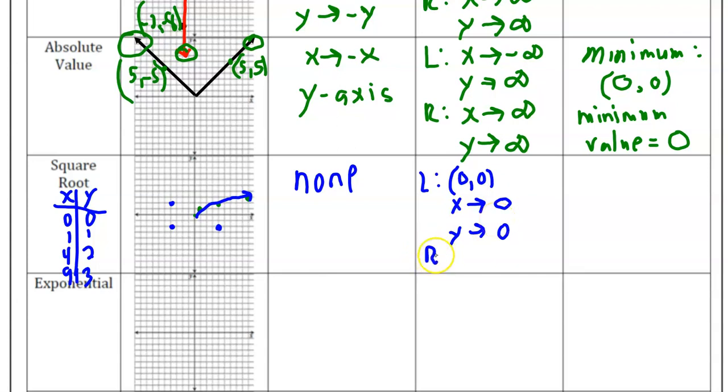On the right side, x is approaching positive infinity. Then y is approaching positive infinity. It's also positive. This one here has no maximum or minimum because it's just going up to the right. There's no change of it going up and then down or vice versa.